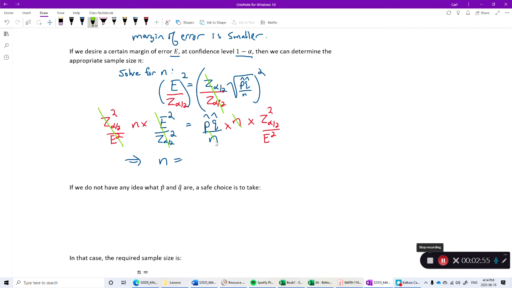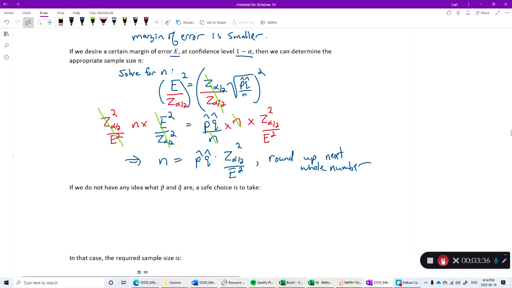So what I'm left with is n equals p hat q hat times z alpha over 2 squared over E squared. That's my formula for n. But then the next thing to do is we have to round that up. It's probably not a whole number, so we round up to the next whole number, because n has to be a whole number.